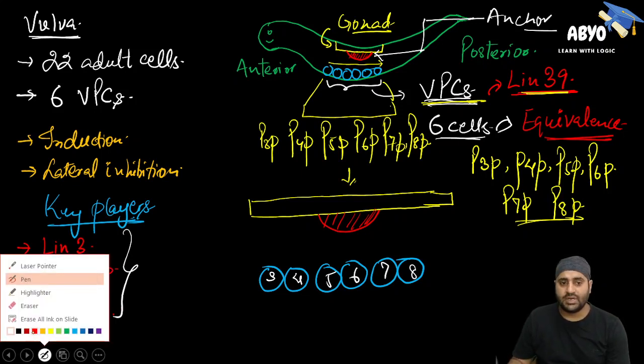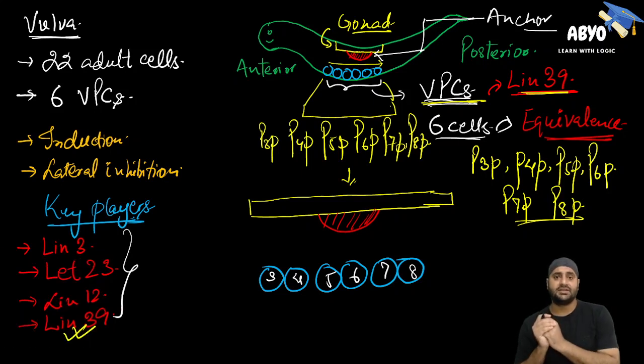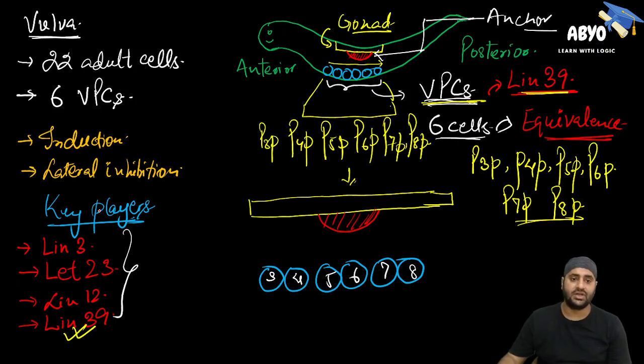Now the concept or the idea over here is that this anchor cell will release a specific type of protein which we call Lin3 protein. So here it is the Lin3 protein. This will be provided by anchor cells, and this will go and spread over in the nearby vicinity.